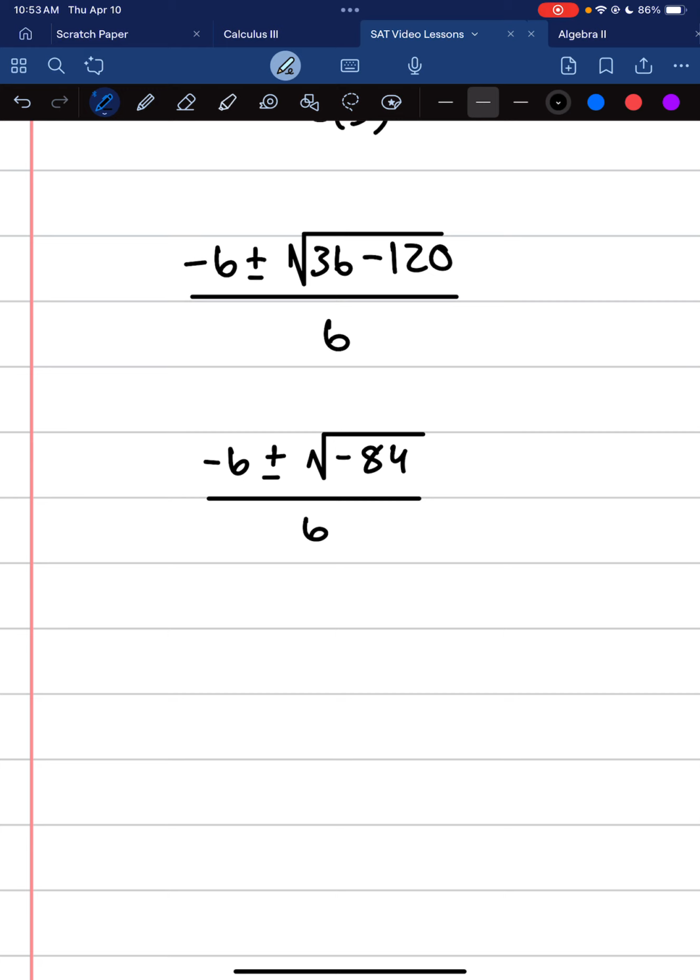So if we think about factors of negative 84 that are perfect squares, let's see, is 16 going to be a factor? Let's check. No, 16 is not a factor, but we should just be able to use 4. So 84 divided by 4 is 21.